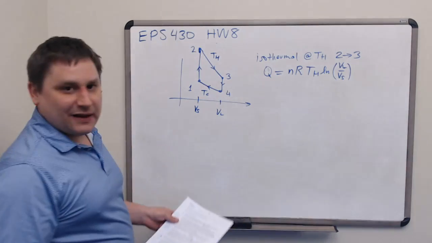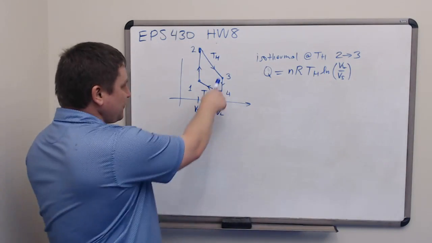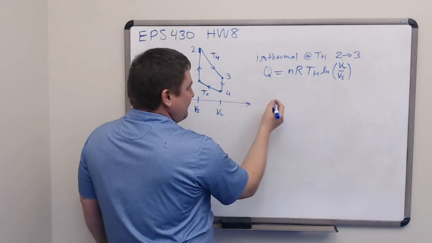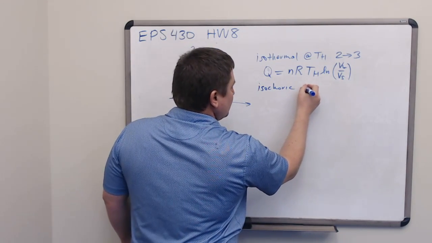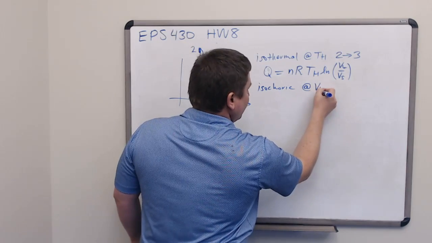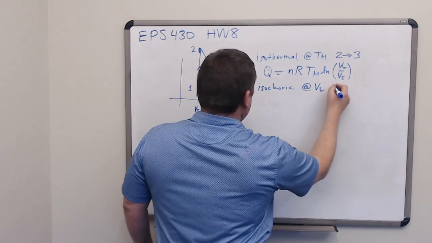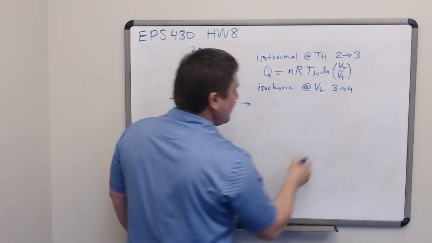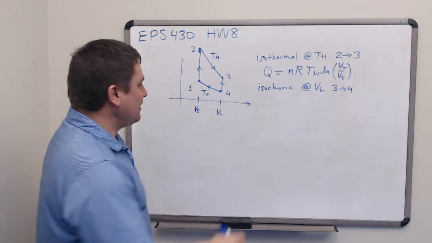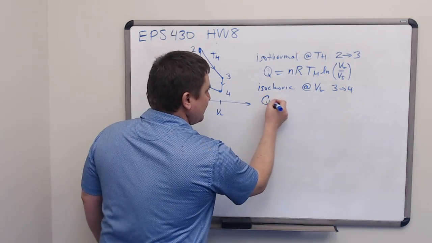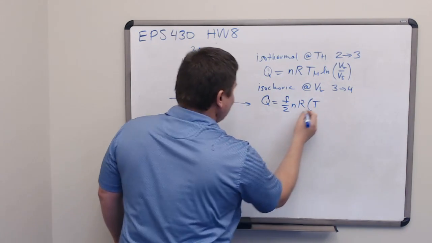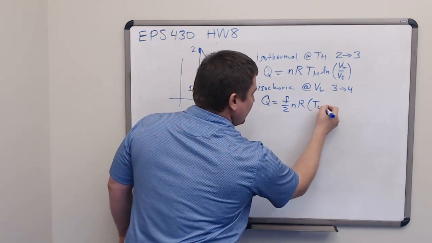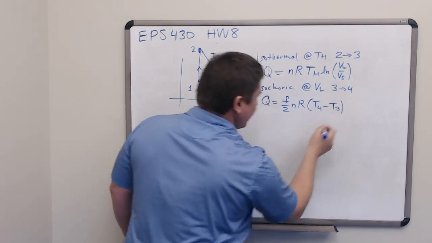You also need to be able to look at, say, 3 to 4. What's 3 to 4? Well, 3 to 4 is isochoric at a volume of VL. And what's the heat for that step? Well, an isochoric step has a heat of F over 2 nR times the temperature at the end minus the temperature at the beginning.